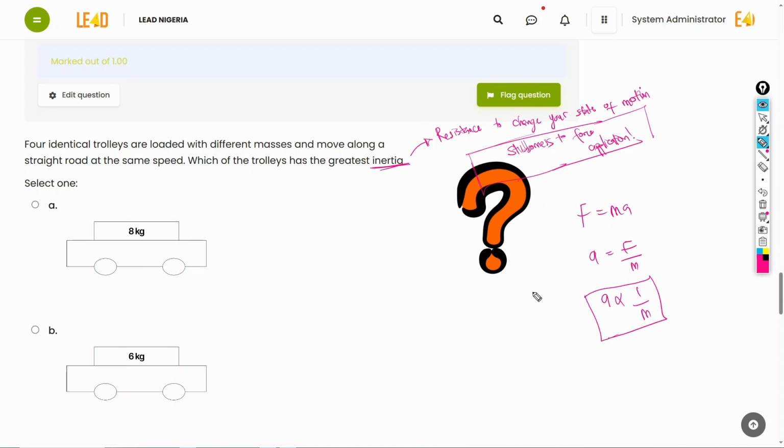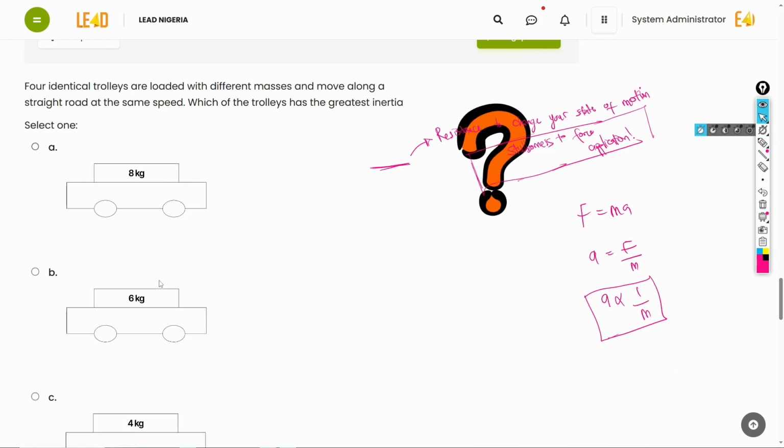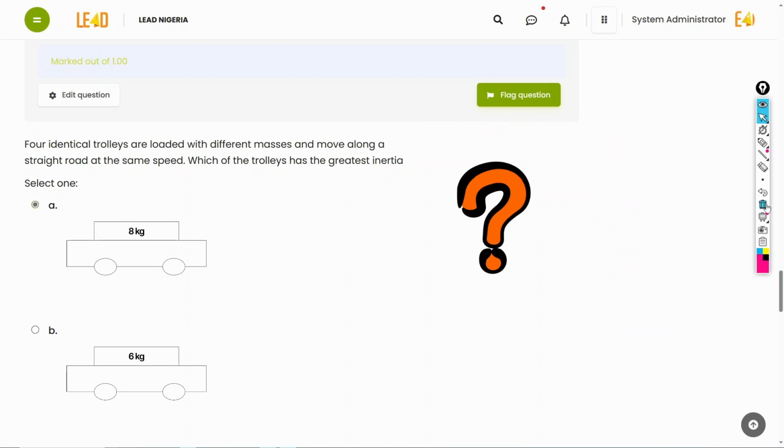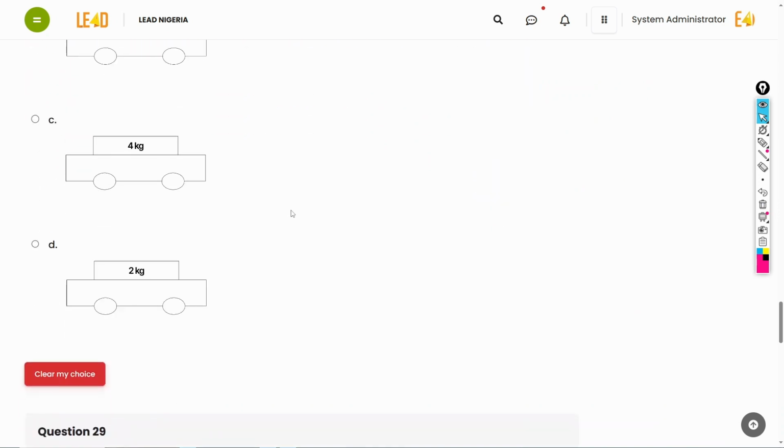That means that the more the mass, the less the acceleration, the more the resistance to change. So all we have to do is pick out the one with the highest mass, and that's option A. The heaviest has the greatest inertia.